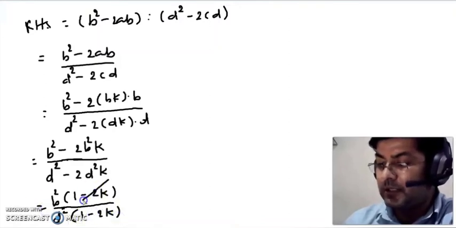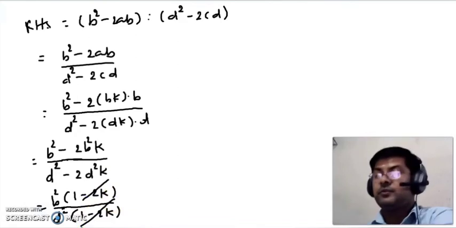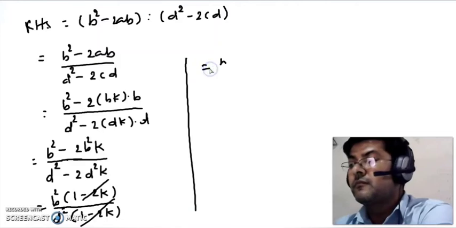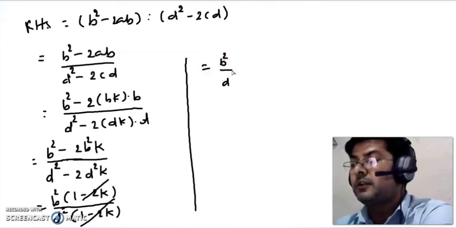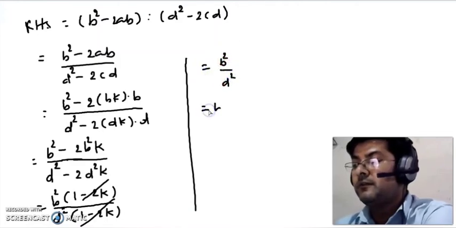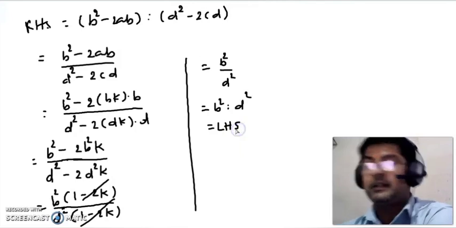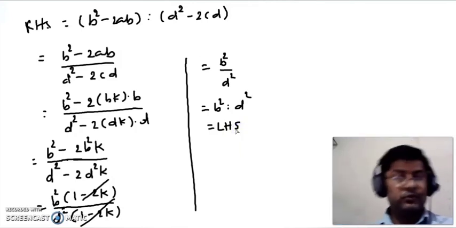Now this bracket 1 minus 2k we can reduce to get the answer b square upon d square, equal to b square is to d square, which is equal to the left hand side. Clear? Hence proved. So we have proved the first question.